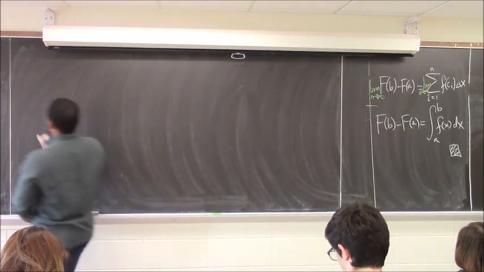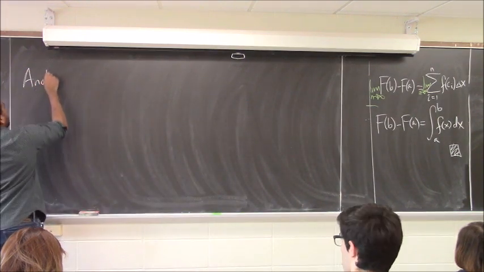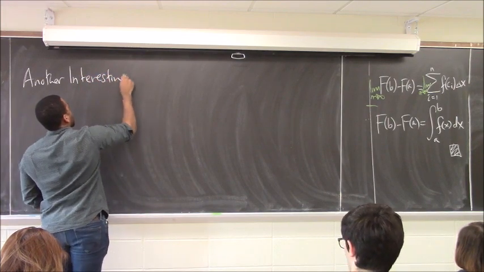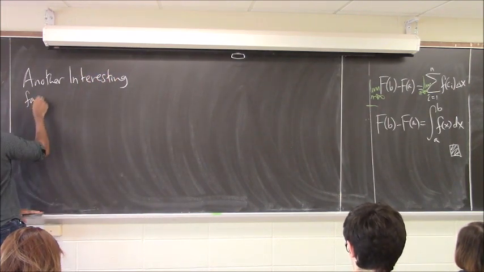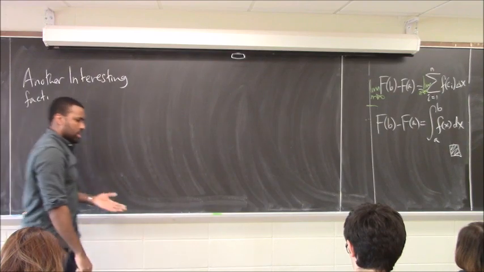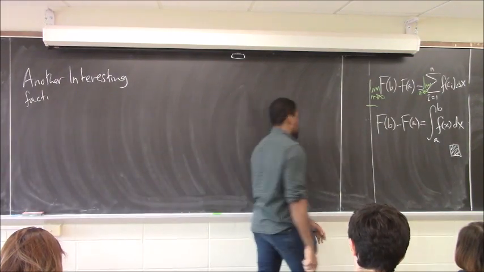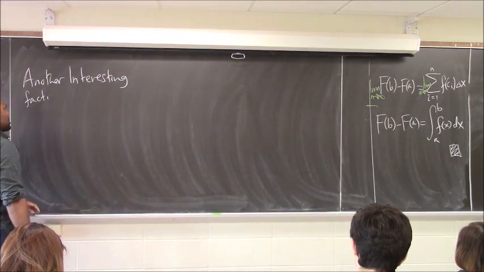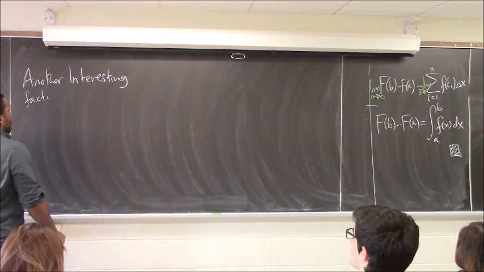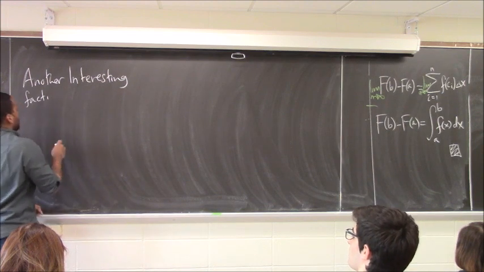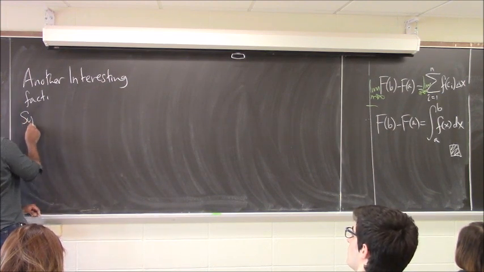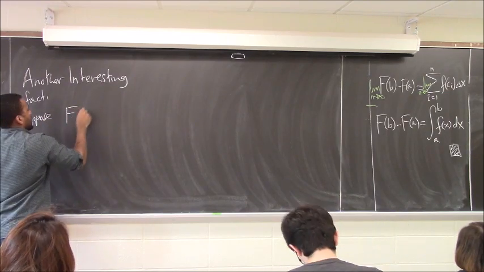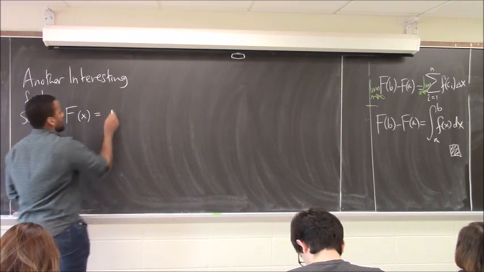Here's another interesting fact. Remember that area function I described, where I was introducing the idea that area has something to do with derivative? This was like 2 classes ago, the big A of x. Let's actually look at that function a little bit more. Suppose I had some function that is defined in this way.